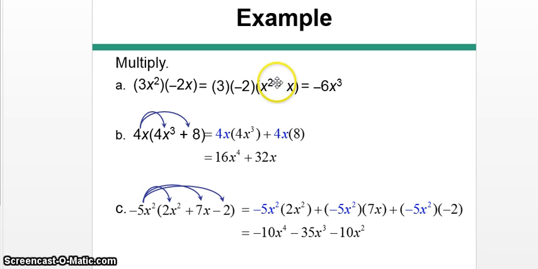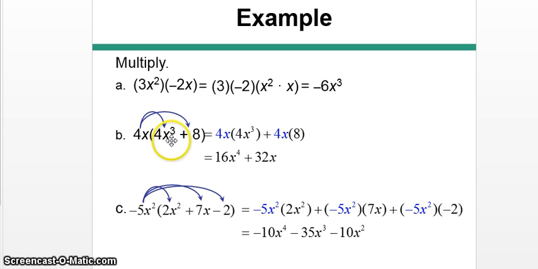Here the exponent is 2. Here the exponent is 1. They have the common base, so the exponents will be added, which gives x cubed. So the product of two monomials gives negative 6x cubed.